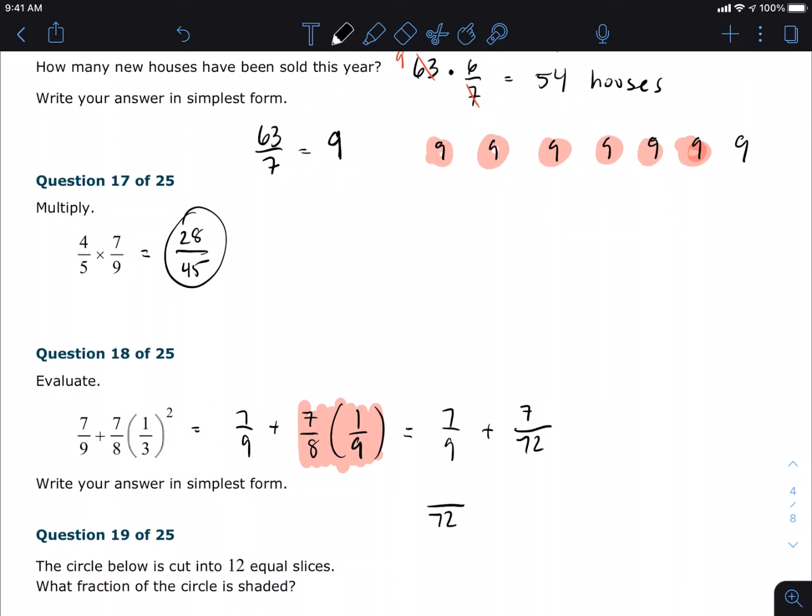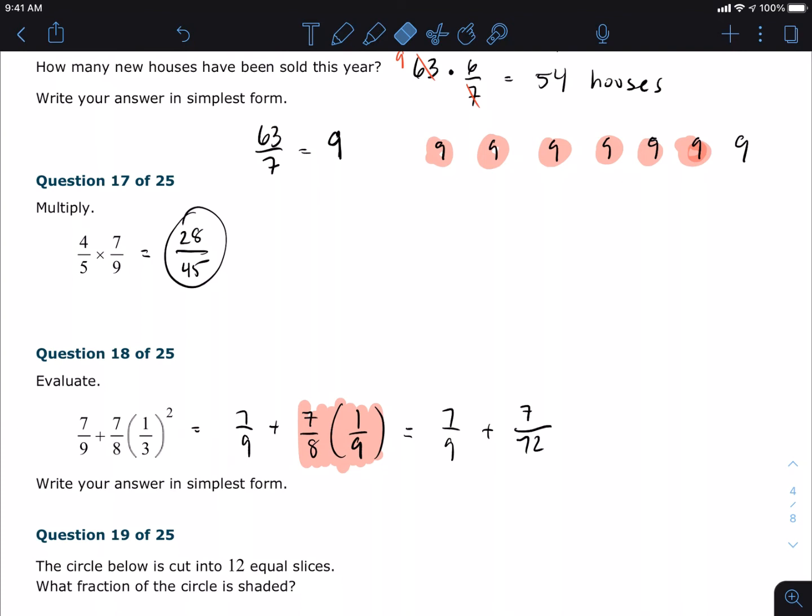So 72 is the common denominator. So I multiplied 9 by 7. Is that right? Let me see. I'm trying to think. No, I need to multiply 7 by what? Ooh, actually, what is their common denominator?